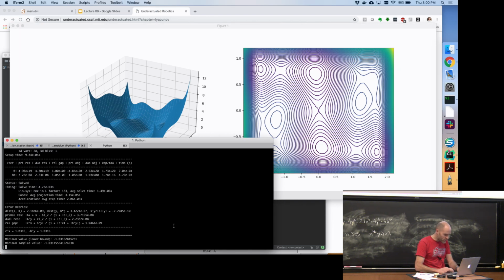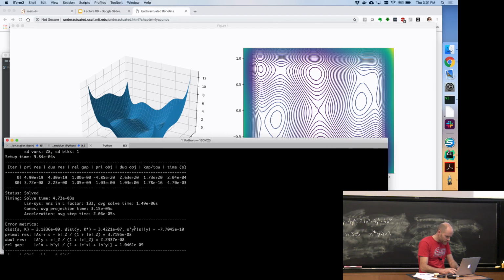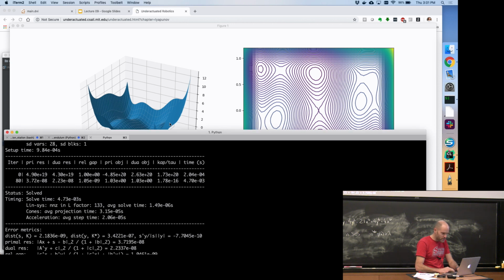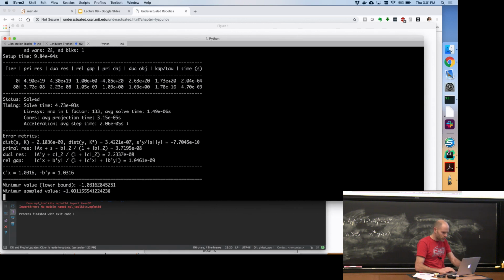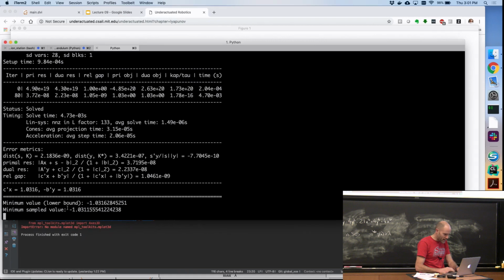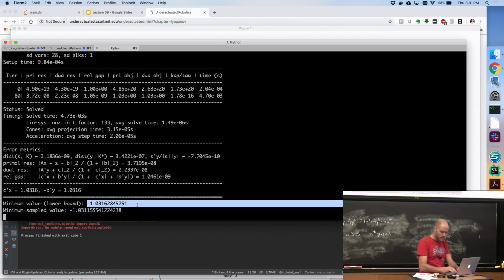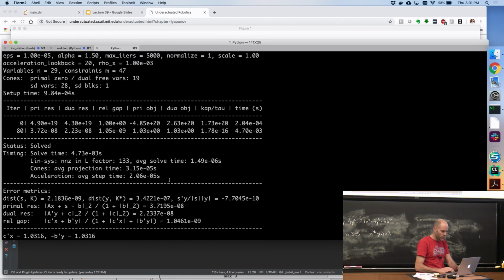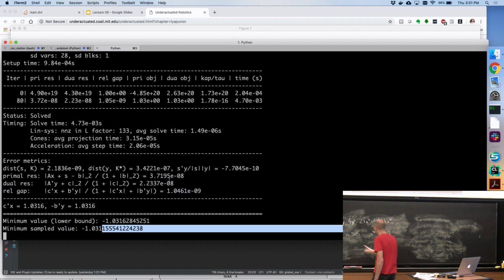Okay, and what does it do here? It calls a semi-definite programming solver. I had it printing out some information, and it finds a lower bound. So this is going to do its best up to the limits of being sums of squares, because there is a small gap here.